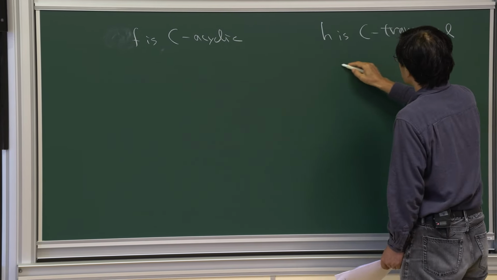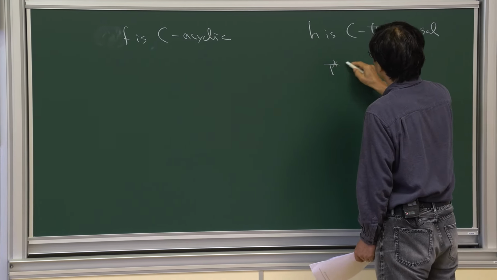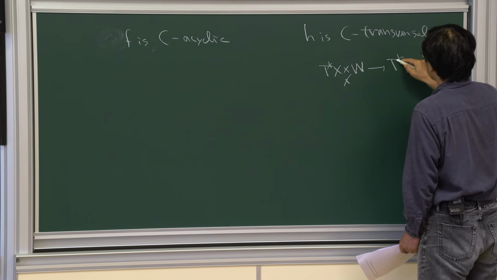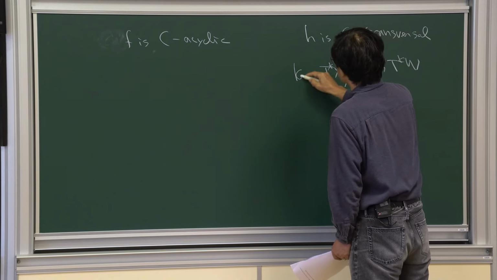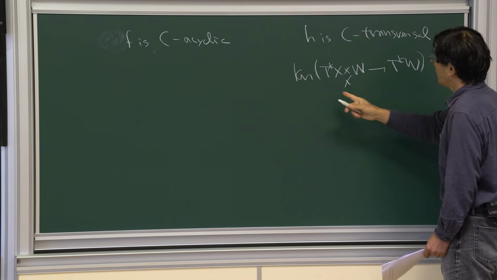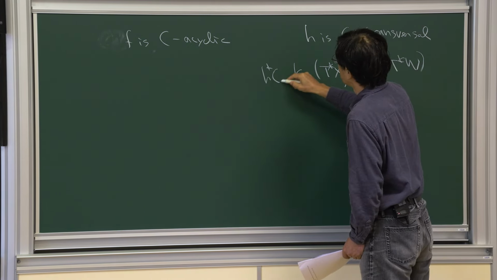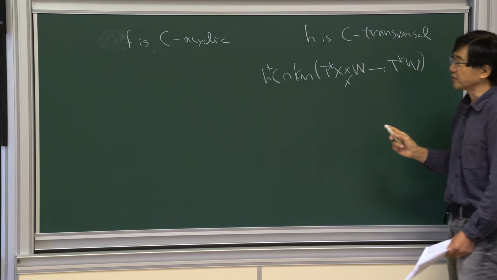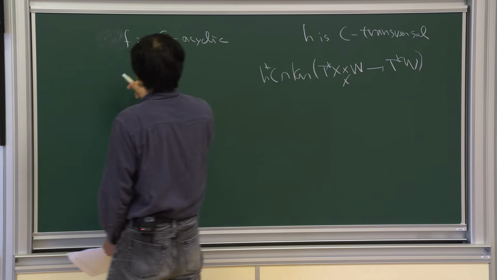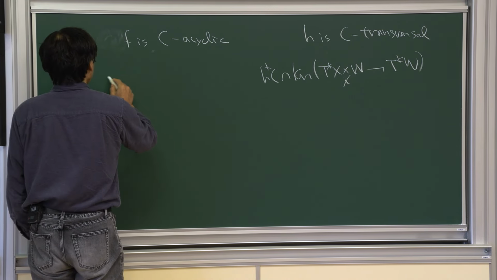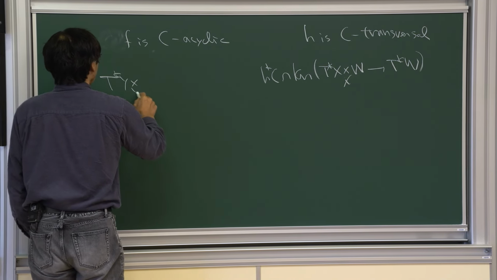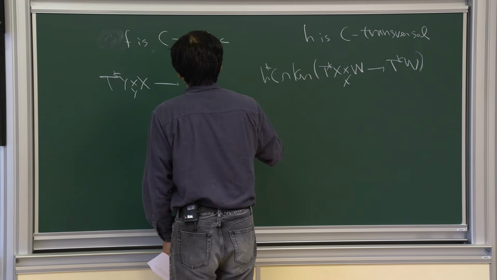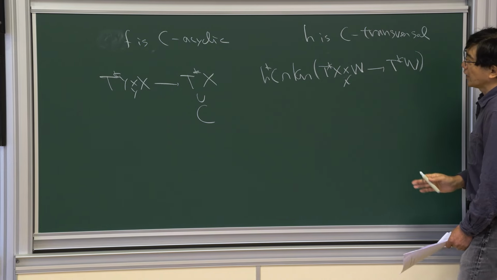So this is a condition that we consider this map, and the support of this is 0. And for this, we consider this map.